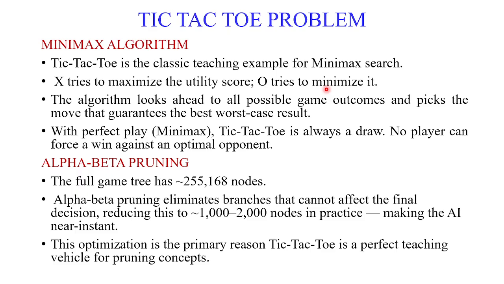But if you take alpha-beta pruning, the full game tree has 2,55,168 nodes. But alpha-beta pruning eliminates branches that cannot affect the final decision, reducing it to approximately 2,000 nodes in practice.